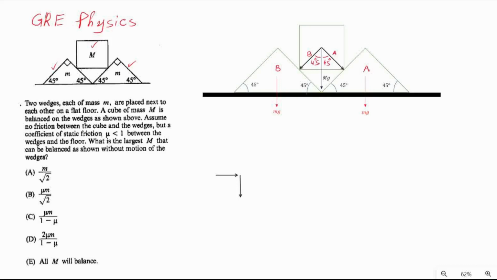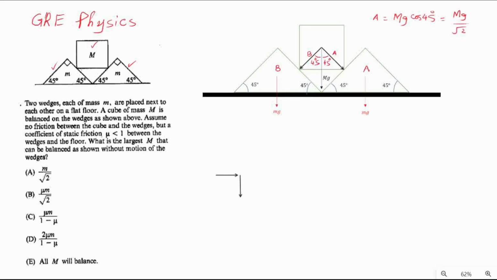Now, vector A has a magnitude, let us write the magnitude as A, equal to Mg times cosine of 45 degrees, and cosine 45 degrees is equal to 1 by root 2. So this is equal to Mg divided by root 2.